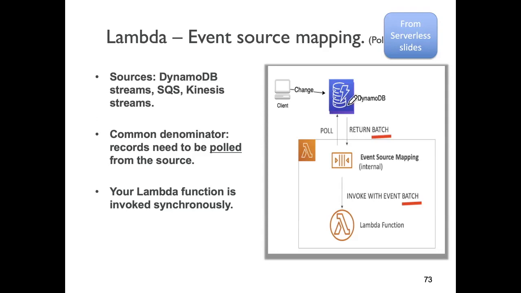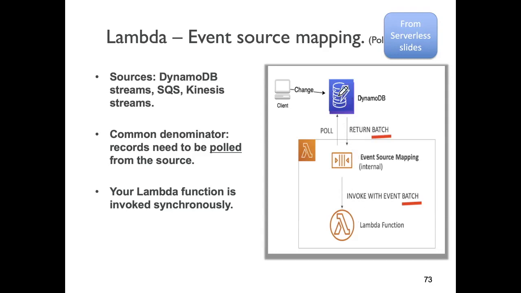And we want another Lambda to be invoked whenever there are changes made to items in my database. And the way we get that communication to happen is by defining what's called an event source between this Lambda and a DynamoDB stream.